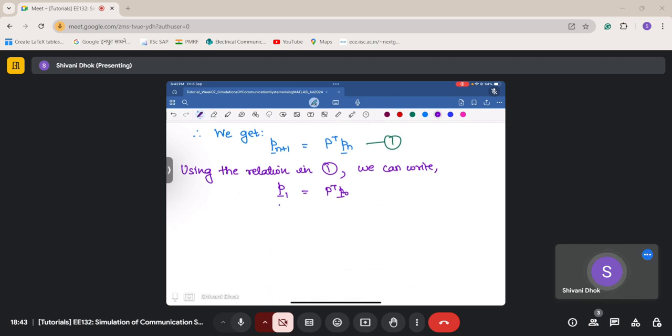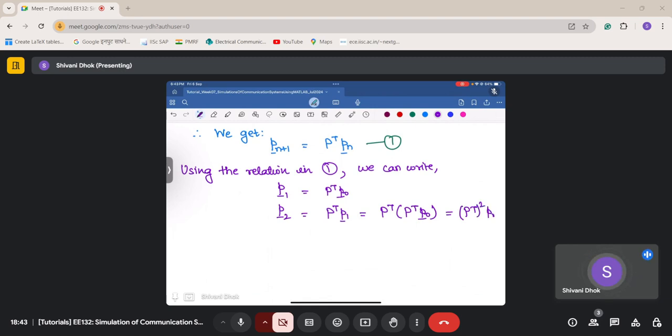Then we can write P2 as P transpose P1, and P1 we can substitute as P transpose into P0. So this comes out to be P transpose square into P0.